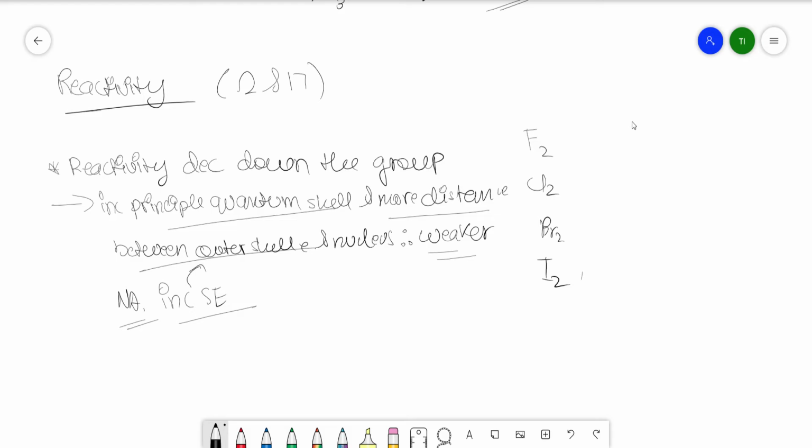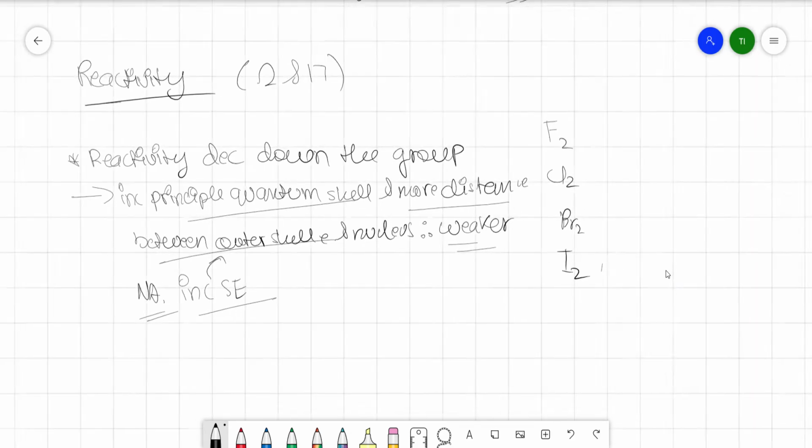And because of this, the ability to get reduced decreases, and therefore the reactivity decreases down the group. That is the explanation for the reactivity. Now, that is also the explanation for the electronegativity.